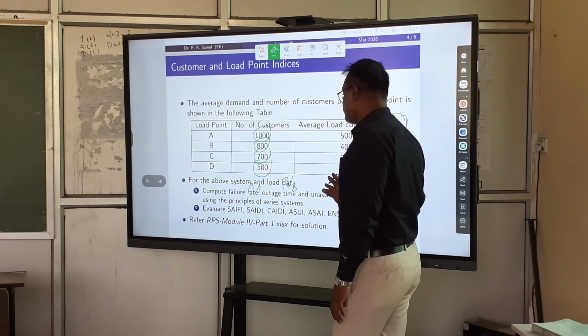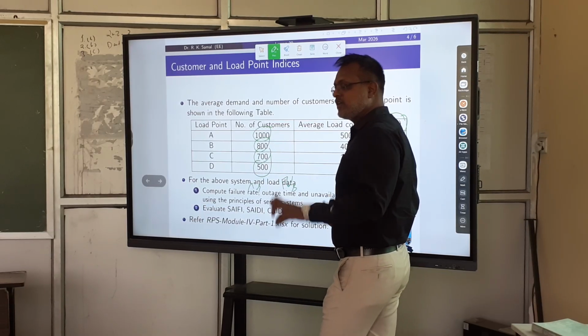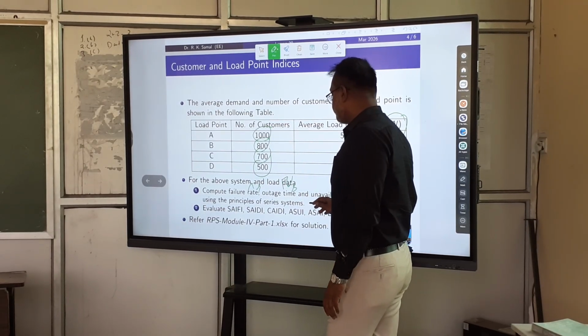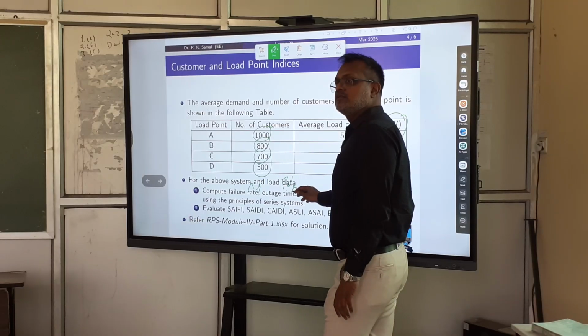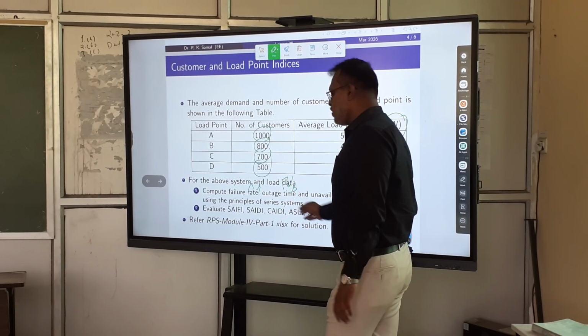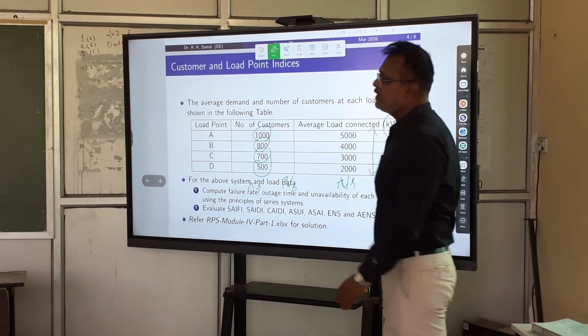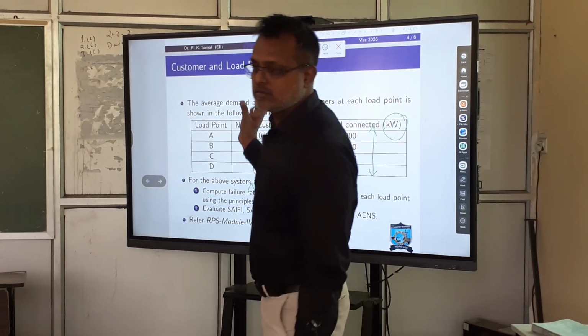These are the three basic indices. So did you write the load and customer data?